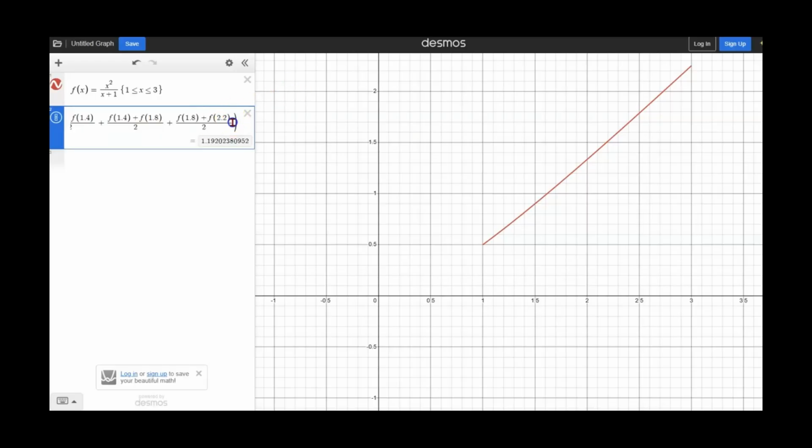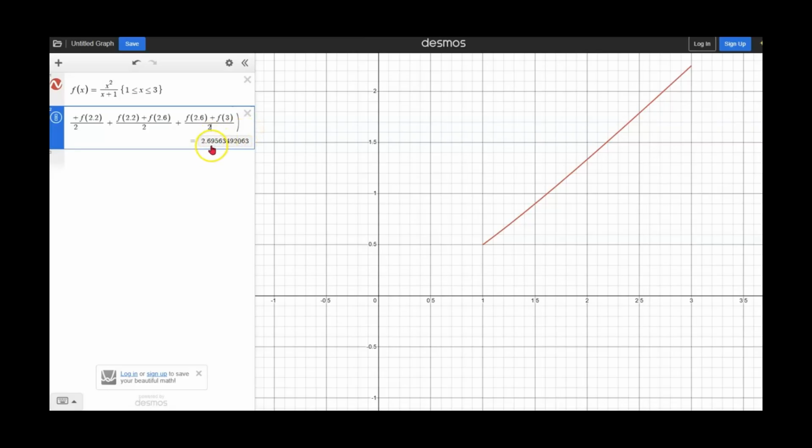We've got 3 trapezoids so far, f of 2.2 plus f of 2.6, and divide those by 2. And then we have the last one, plus f of 2.6 plus f of 3, and divide those. This is the average of those two heights.